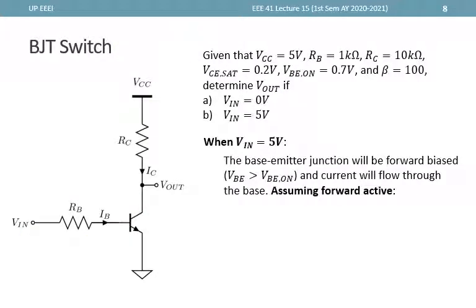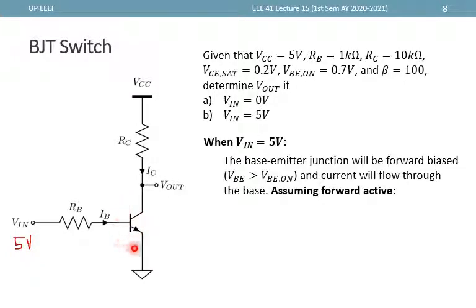Okay, so what now if we have Vin equal to 5 volts? That means this one is at 5 volts and we have a 5 volts down to ground path, and that includes this VBE junction.